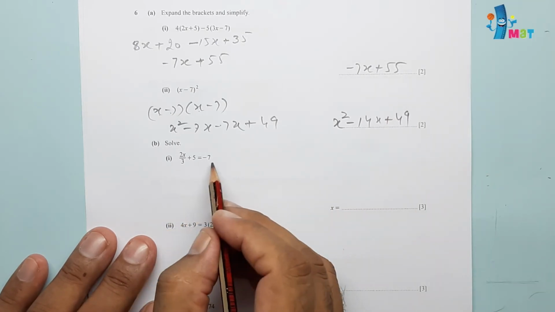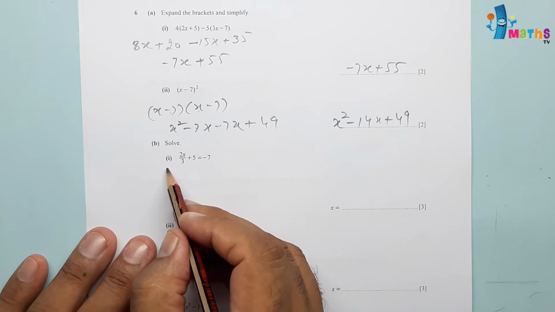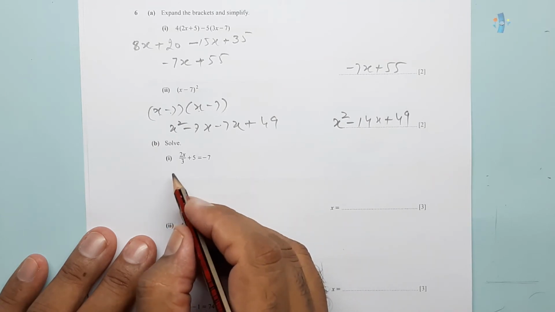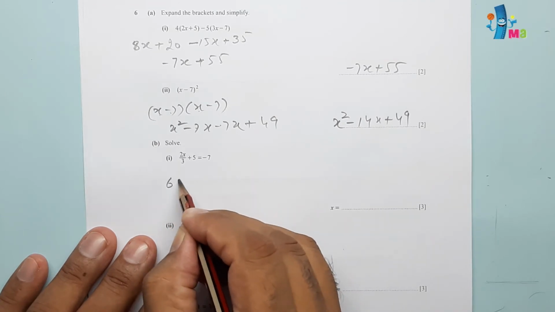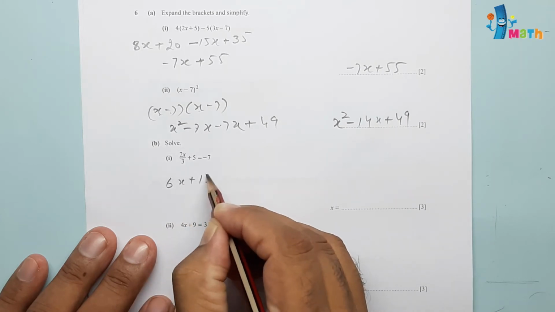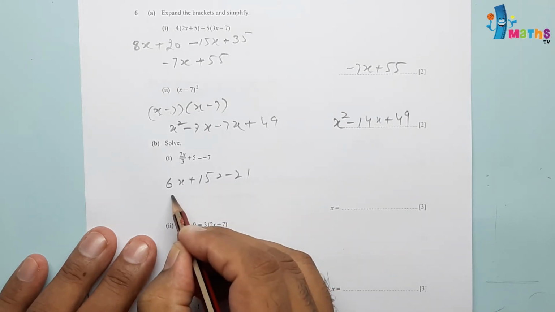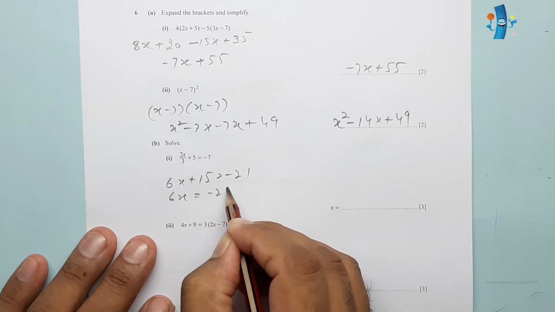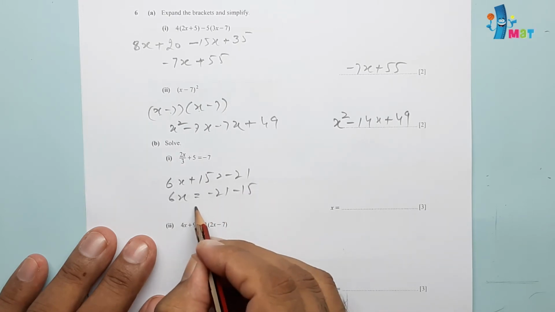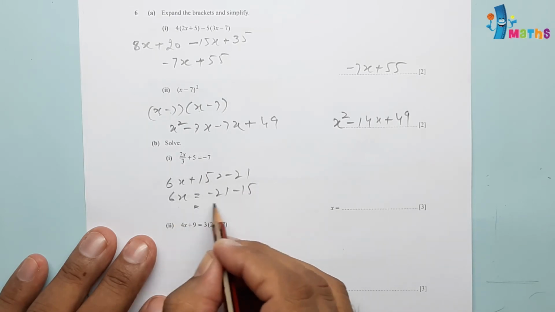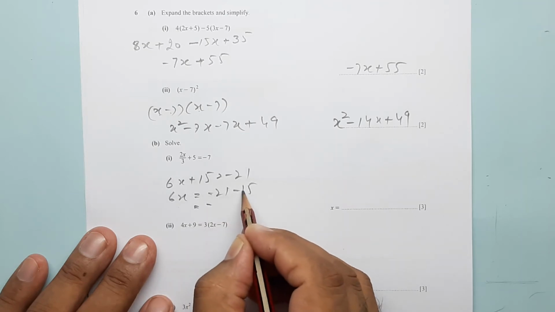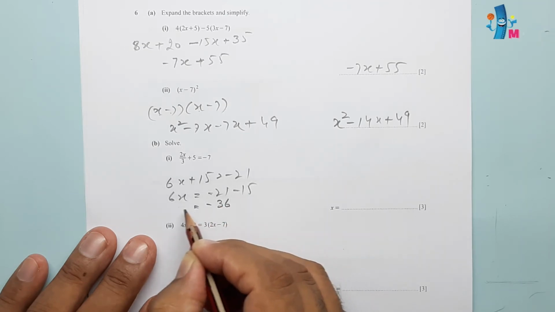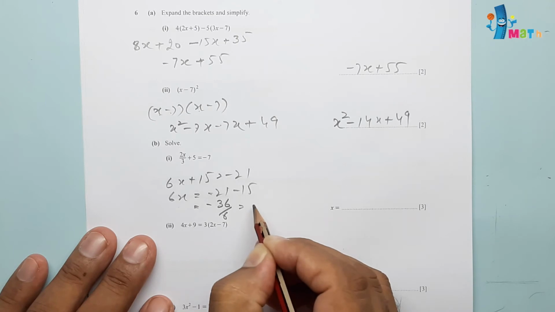B part, solve this, so we can multiply everything by 3. This will be 6x plus 15 is equal to minus 21. 6x is equal to minus 21 minus 15. 6x will be minus 36, divided by 6, so answer will be minus 6.